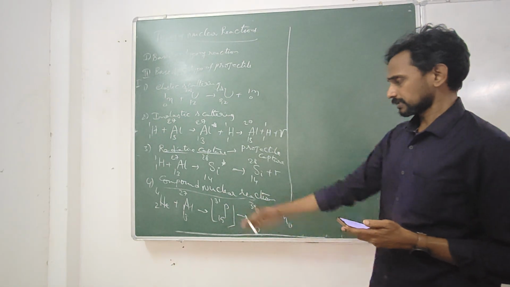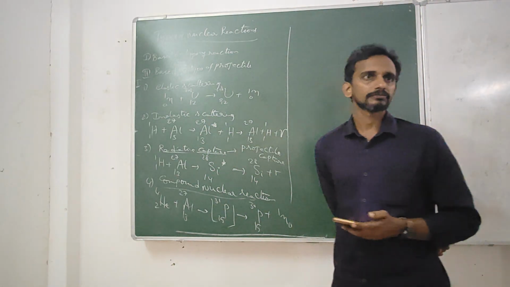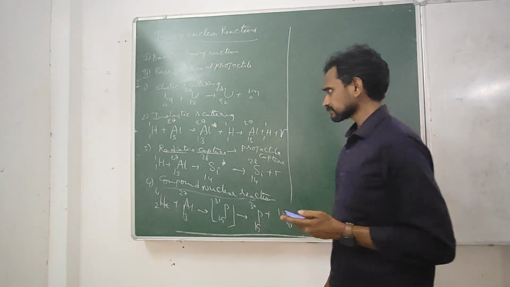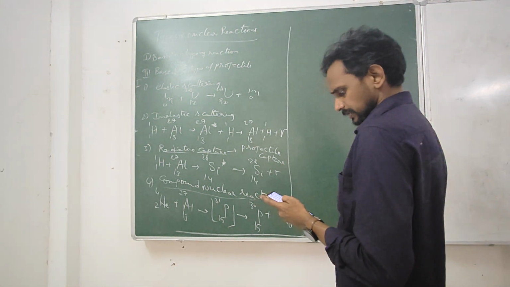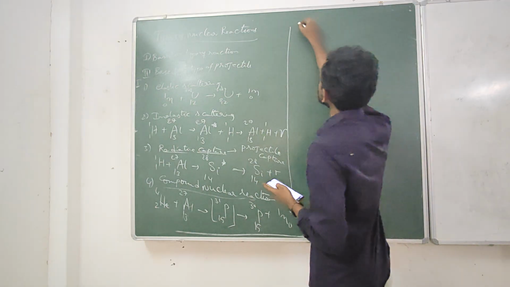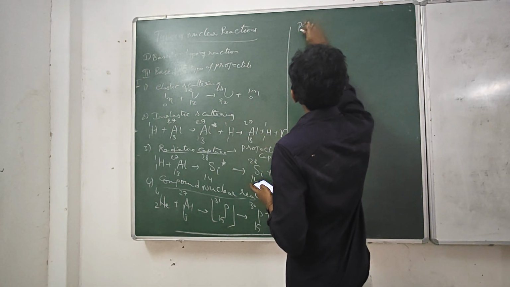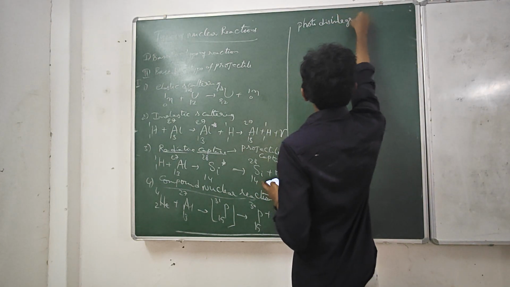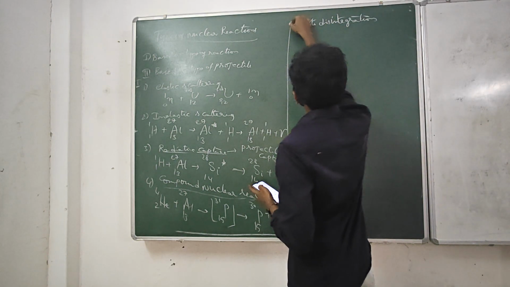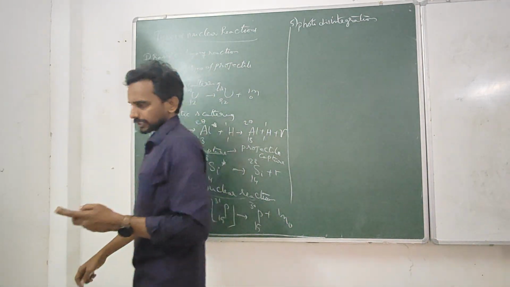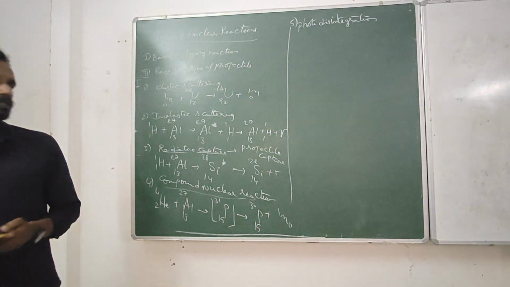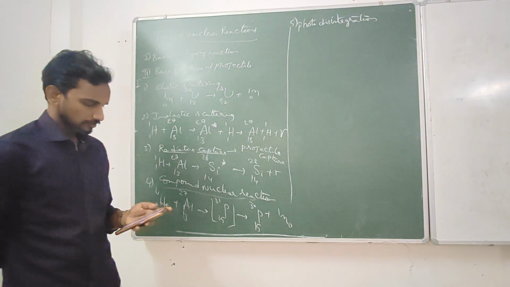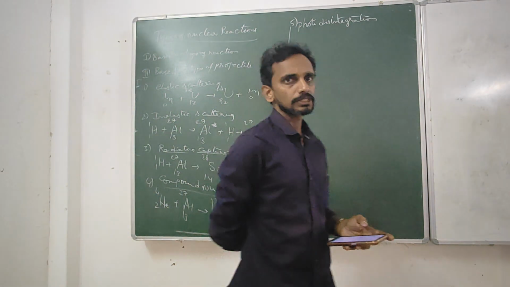So almost all we are dealing with aluminum. So next one is photo disintegration. Here, a photon is getting absorbed and the nucleus disintegrates.